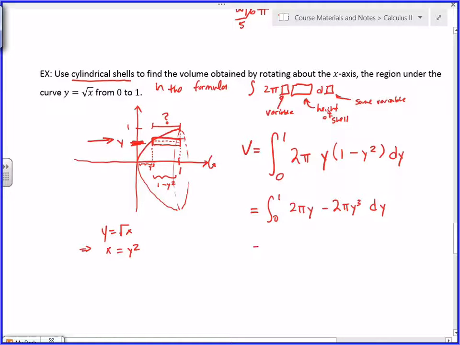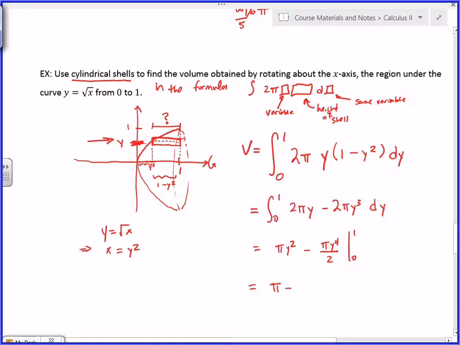Which is equal to pi y squared minus, I think, pi y to the 4th over 2, because it's 4 and the 4 cancels with the 2, from 0 to 1.